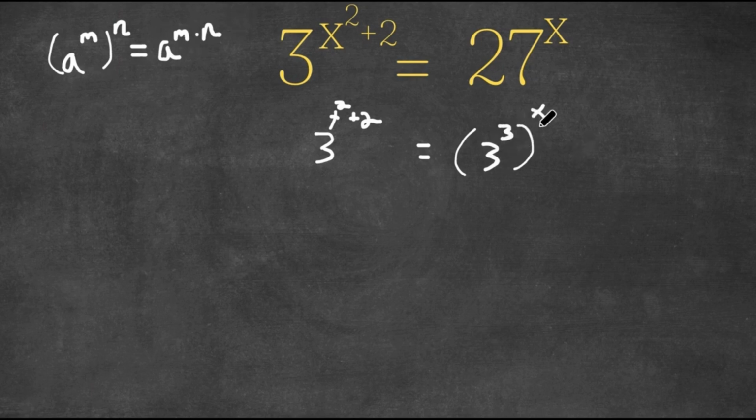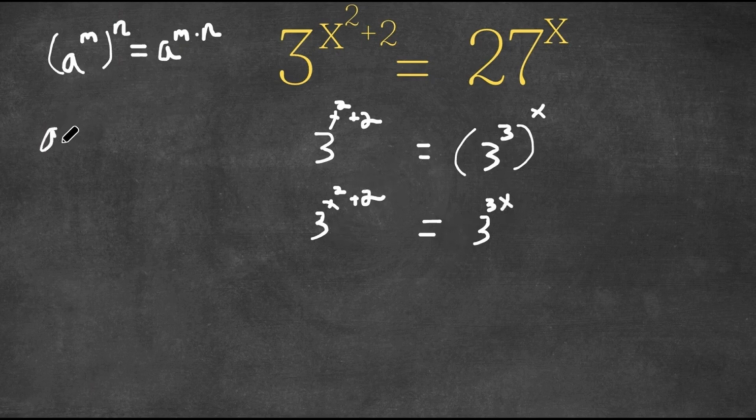So if we have 3 to the power of 3 to the power of x, this is actually equal to 3 to the power of 3 times x, which is simply 3x. And this is equal to 3 to the power of x squared plus 2. Now, because our bases here are the same, that means our exponents are the same as well.